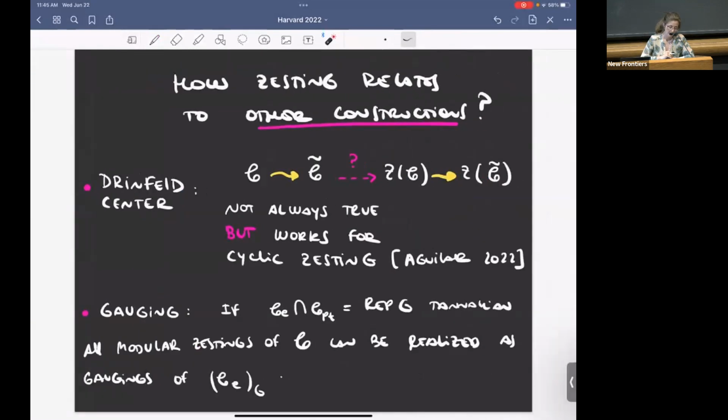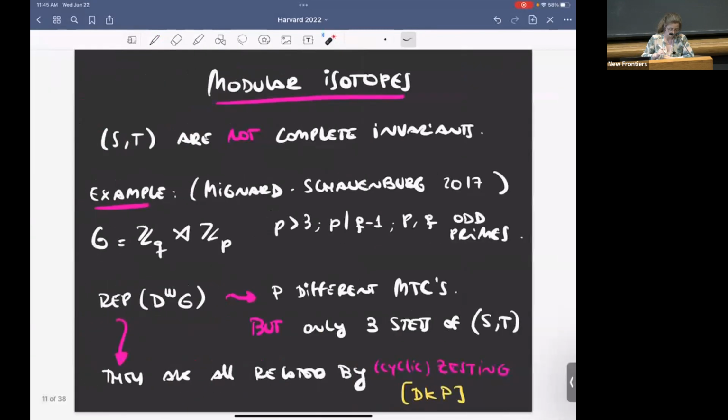Also motivated by this question, maybe let me go back one second to point out something. This here is actually, you can also see it as the center of a family of fusion categories, and these are abelian theories coming from the group and a cocycle. So when we were doing the Zesting, the only part that helped us distinguish was doing Zesting at the level of the fusion category that later we were taking the Drinfeld center of.